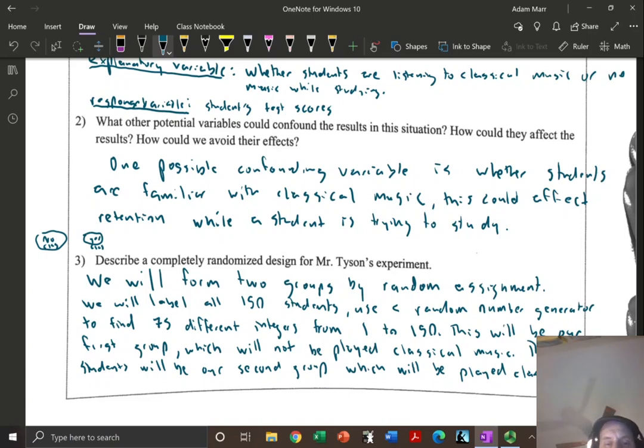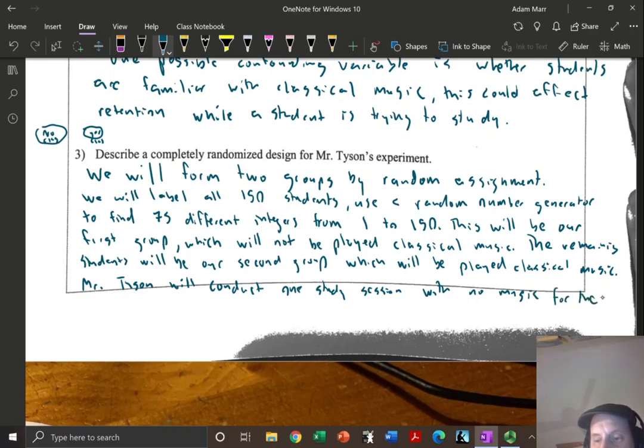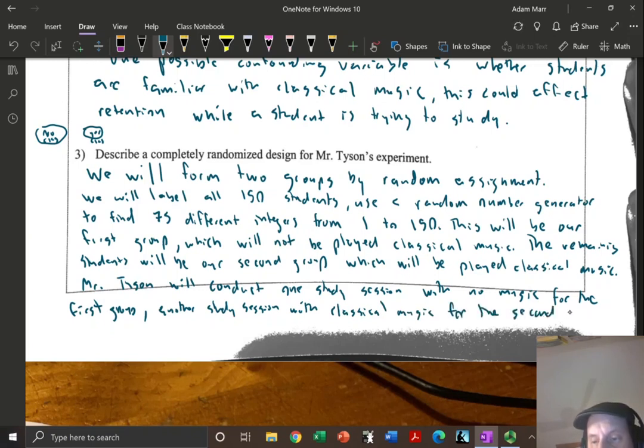The only difference is that Mr. Tyson will conduct one study session with no music for the first group, another study session with classical music for the second group, keeping everything else constant.